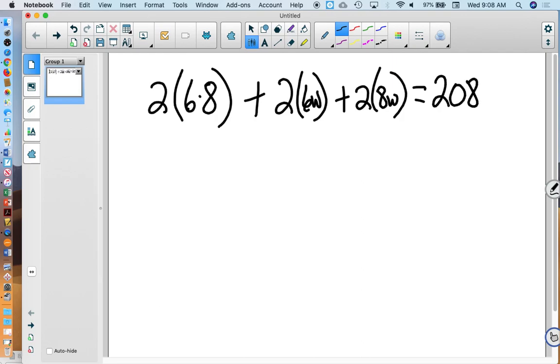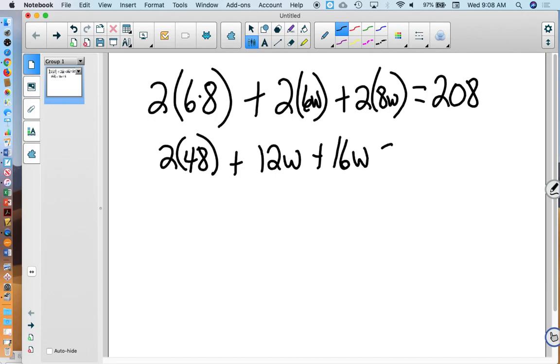Once you get that, it's simple. Okay? So what is 6 times 8? Class? 48. So this technically is 2 times 48. This is 12W. Do you agree with me there? Yes. And I have 16W, and all of that is 208.